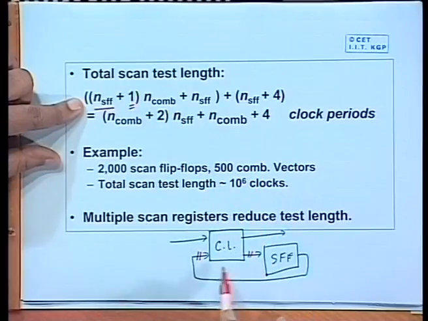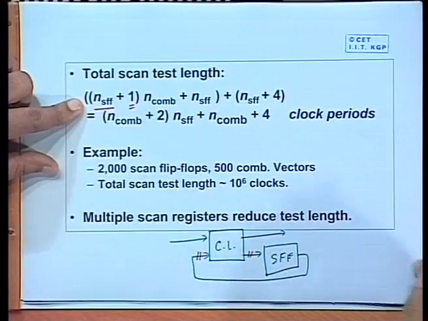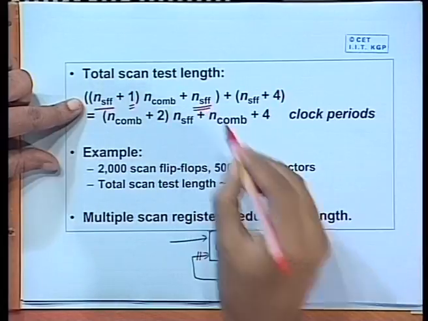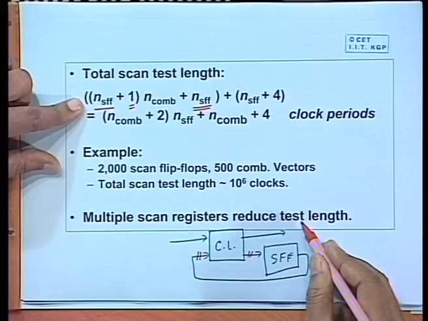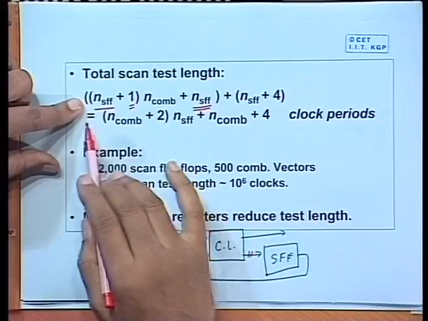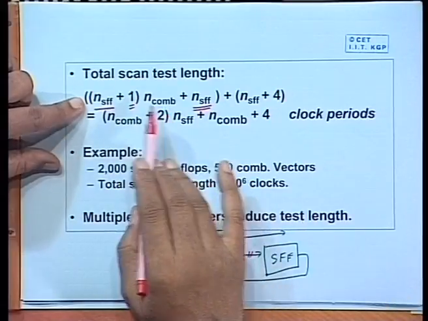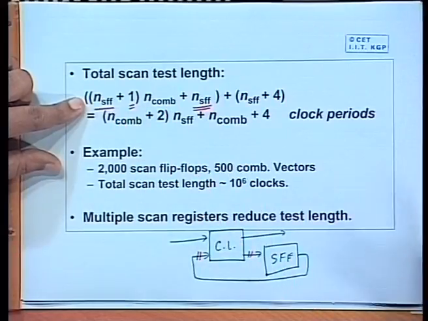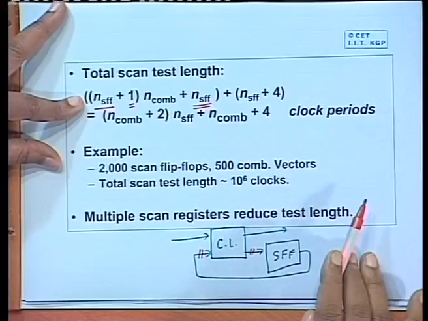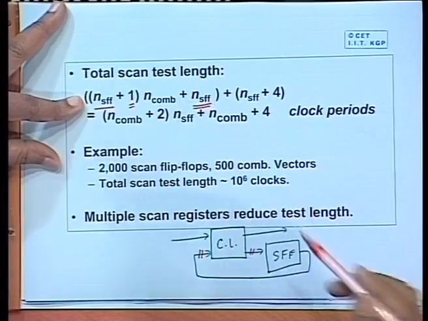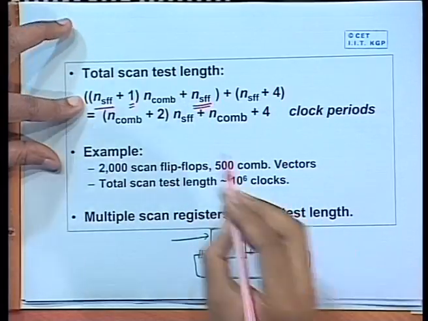Okay. So, this is the number of clock pulses we will be requiring total, and this NSFF extra term is coming due to that additional feeding and coming out, because for the last test pattern there is no next. So, for that you will have to explicitly shift them out. So, you will be needing an extra NSFF for the last one.